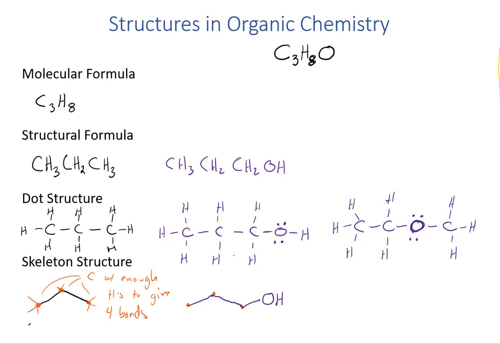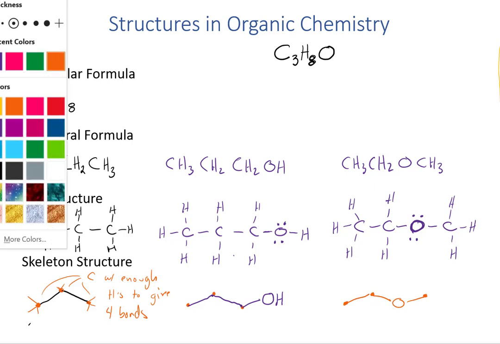So it's not an OH group, it's a different functional group. Our structural formula here would then be CH3, CH2, oxygen, CH3. The skeleton structure, we've got a carbon, we've then got our oxygen, and then we have one more carbon. Connecting those dots, and it would look something like this.